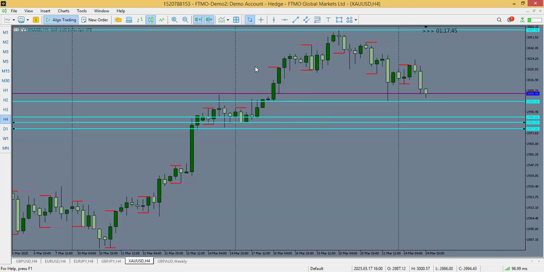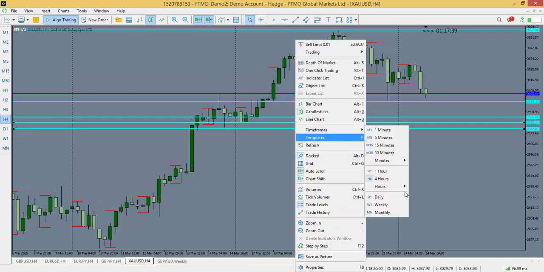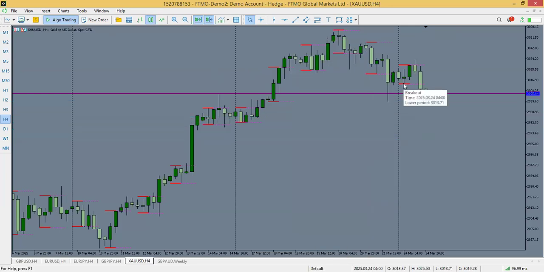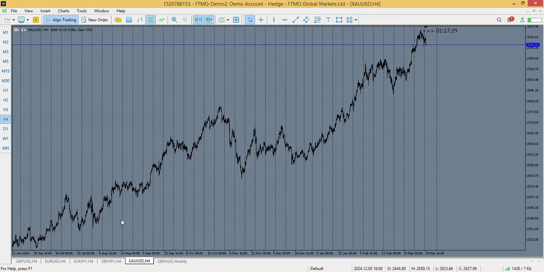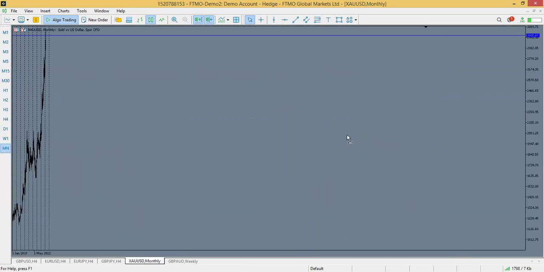If you look at this, let me remove all these lines. Remove this one too. If you squeeze this all in, look at all this. Let me even go to the monthly chart.